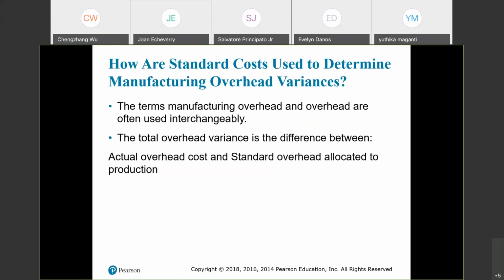In this section, we use the terms manufacturing overhead and overhead interchangeably. The total overhead variance is the difference between the actual overhead costs and standard overhead allocated to product.